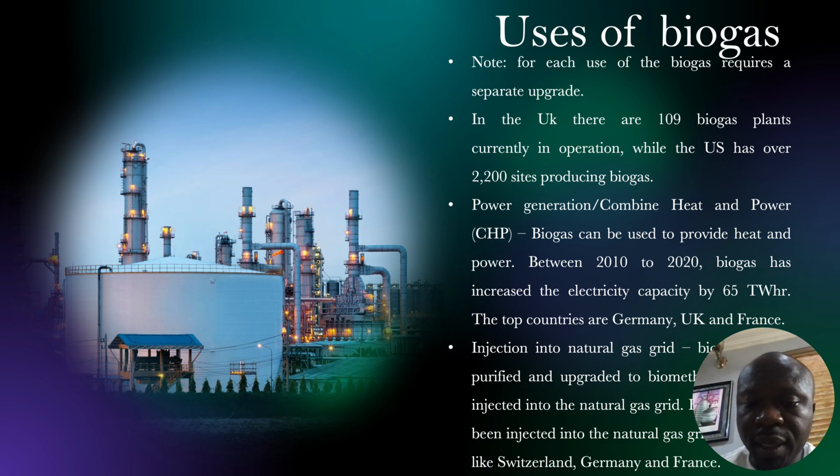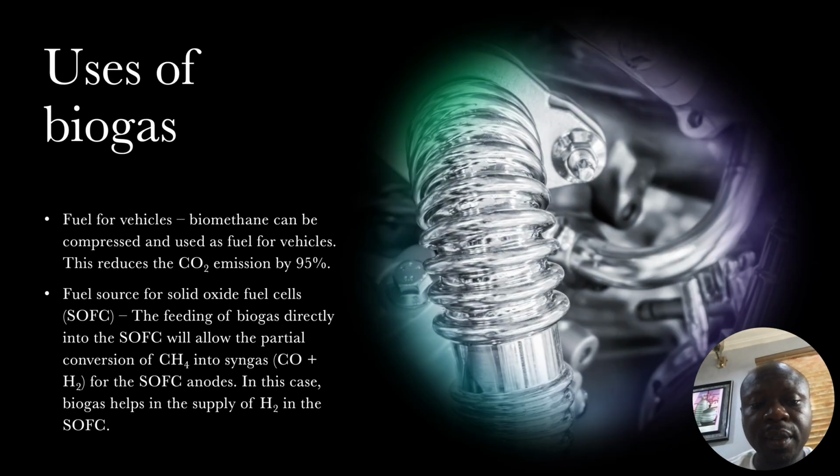So what we mean in essence is that biogas can be used in power generation, as combined heat and power, and to produce heat. It can be used to feed the natural gas grid. It can be used for cooking. There are so many uses for it. You can use it to power vehicles.